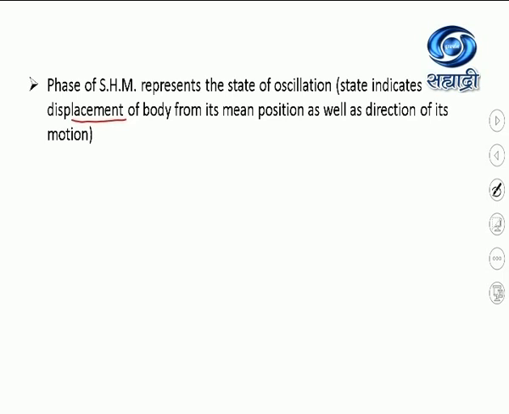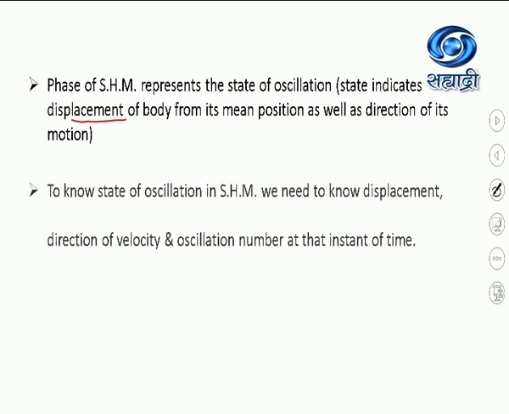Not only displacement, but the state also indicates the direction of its motion, whether it is moving from mean towards extreme or extreme towards mean, or whether it is moving towards the left extremity or the right extremity, etc. So, to understand the state of oscillation, we need to know the phase of SHM.